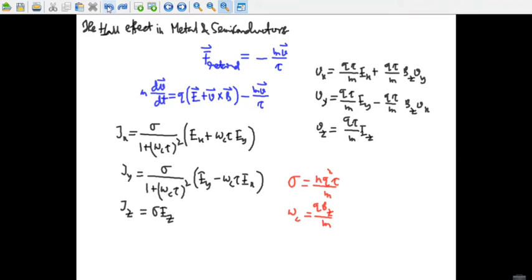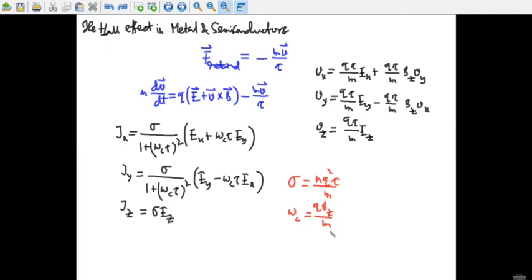By solving the equations for vx, vy and vz in terms of the components of the E vector, we get jx equals this, jy equals this and jz equals this, where we assumed sigma is equal to nq squared tau by m and omega c is equal to q Bz by m.